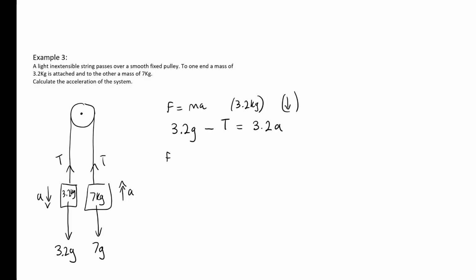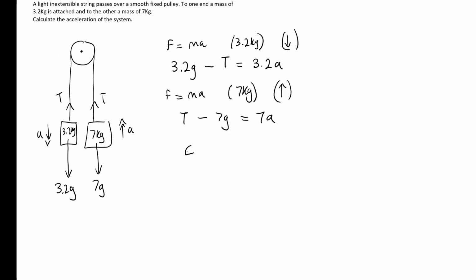We also, still part of step 4, apply F equals ma to the 7 kilogram mass. It accelerates up, so we take up to be positive. So that's tension, which is up, minus 7g as weight acts down, equals 7a.